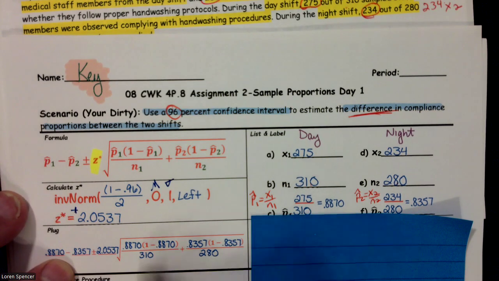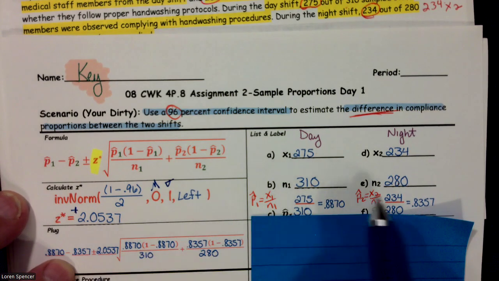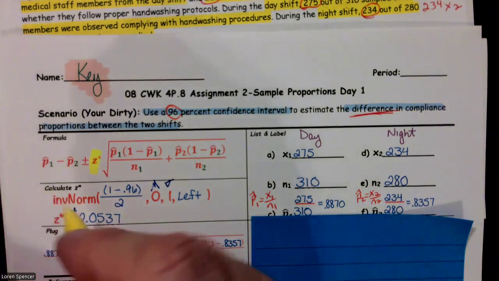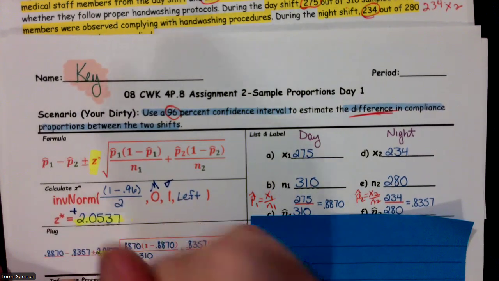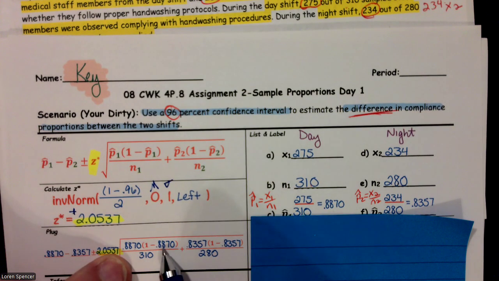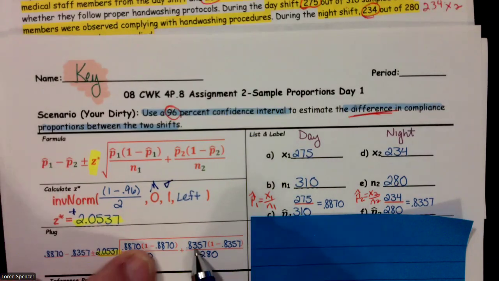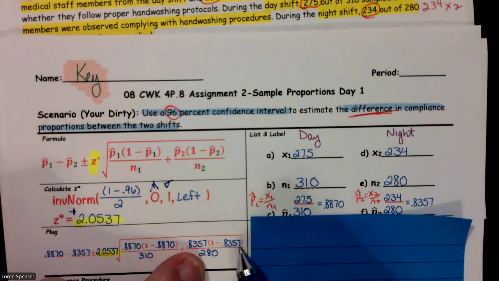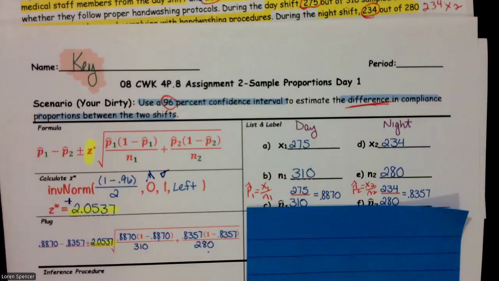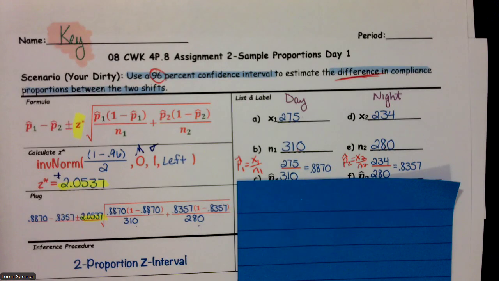P hat 1 right here minus P hat 2, plus or minus Z star 2.0537, times the square root of P hat 1 times 1 minus P hat 1 all over N1, then we have P hat 2, 1 minus P hat 2 all over N2. All right, so that takes care of that. We know we're running a two proportion Z interval.